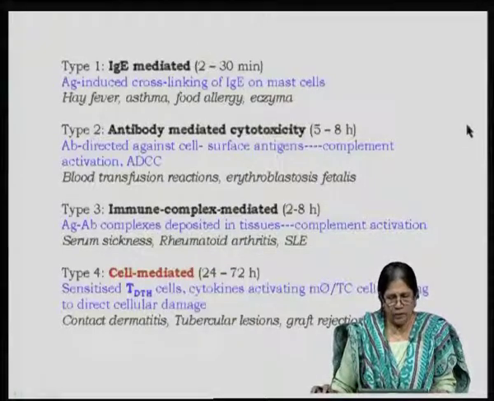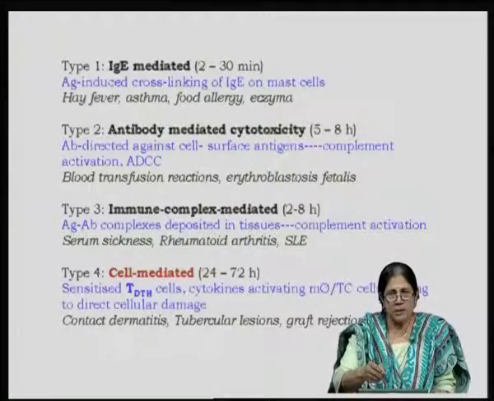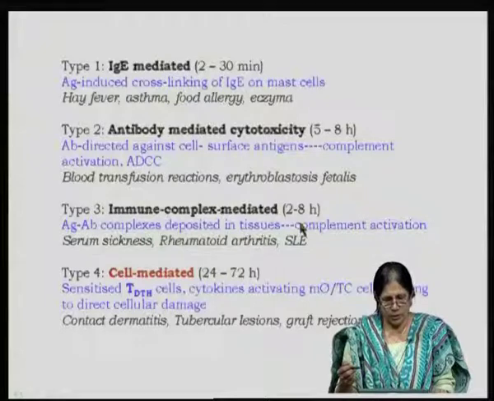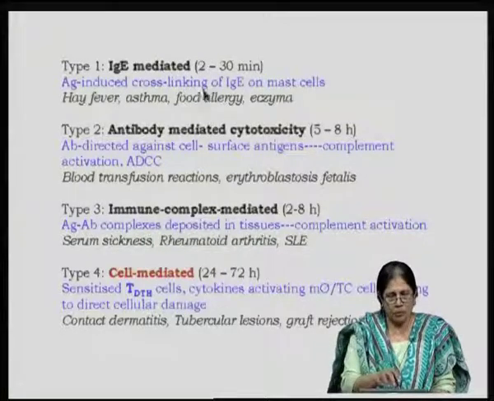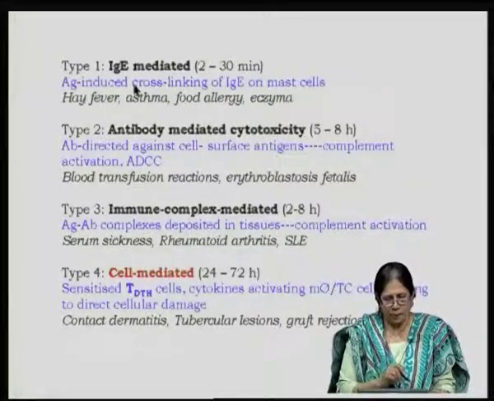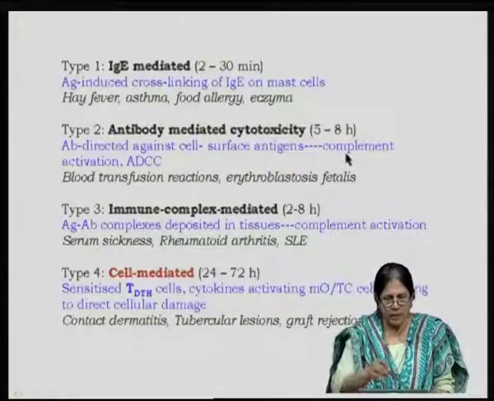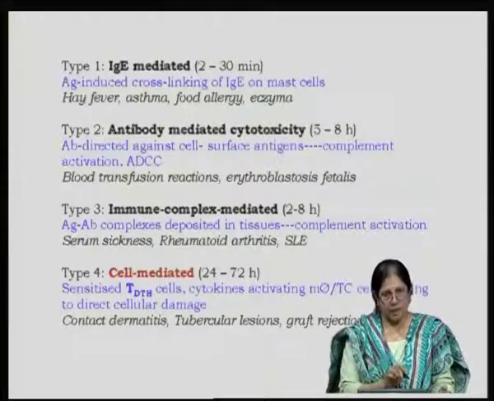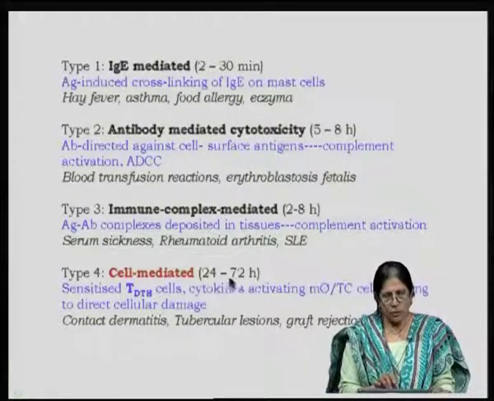Type 1, 2 and 3 reactions occur shortly after the exposure to the antigen. It could be 2 to 30 minutes as in case of type 1, or 2 to 8 hours as could be with type 2 and 3. Type 4 hypersensitivity, however, which again I will say is cell mediated, takes 2 to 4 days.